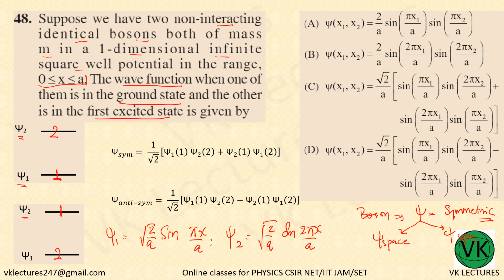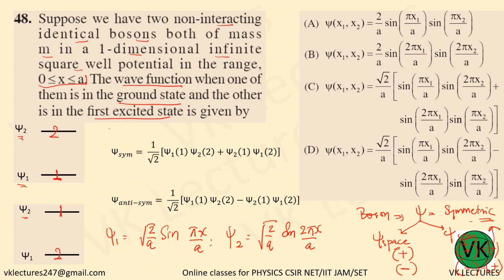Together, psi space and psi spin must be symmetric. That means if psi space is symmetric, psi spin also must be symmetric. Or if psi space is anti-symmetric, psi spin also must be anti-symmetric. So plus into plus you get plus, that is symmetric. Minus into minus you get plus, that is symmetric. That means together it must be symmetric.